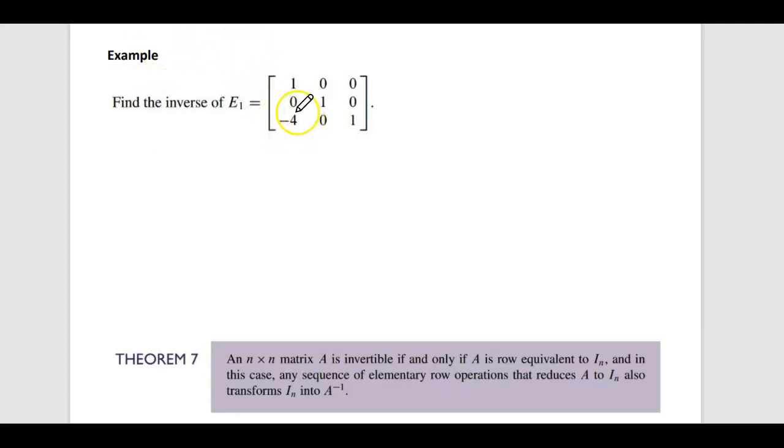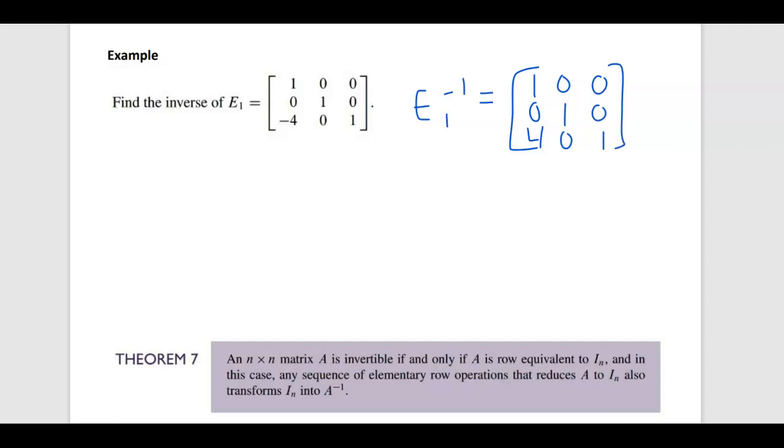Well, I know that this is the row operation of 4 times 1 to get it back into the elementary form. So what that means is I can just say that the inverse is +4 right there, because that's like the row operation that you would do to get this into the elementary matrix.